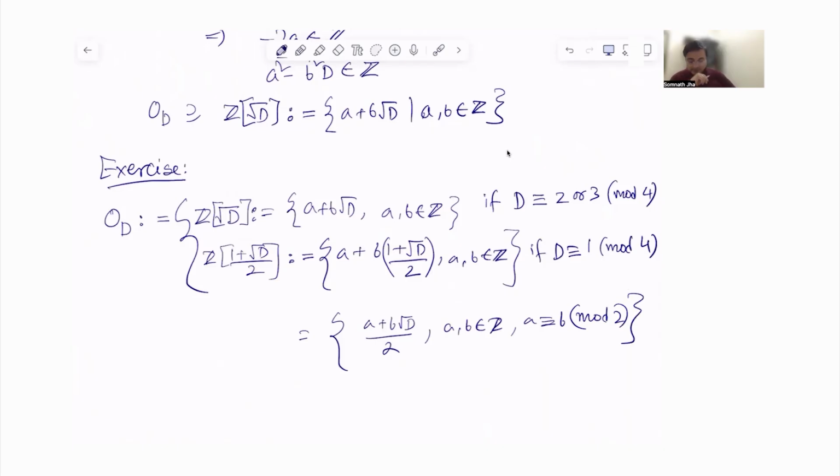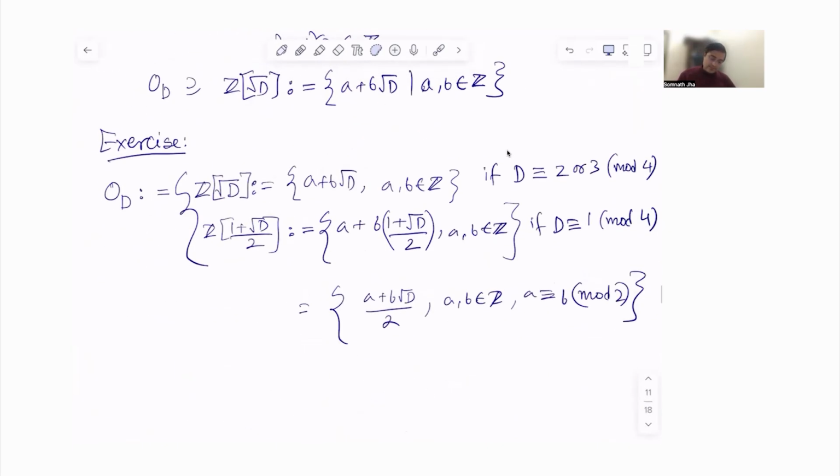Okay, so one can also describe this set as follows. This is the description of the set of algebraic integers O_D.